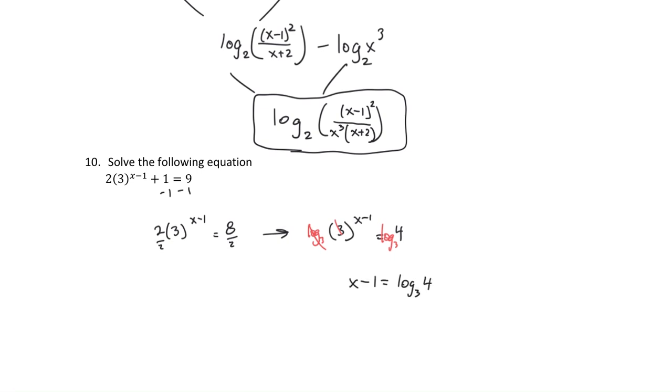And then we can add 1. Unless there are specific directions here, you're fine to leave the exact form. The question may specify here, give the exact and approximate form, but for this one it just said solve, so you're okay to leave it in exact form like that.